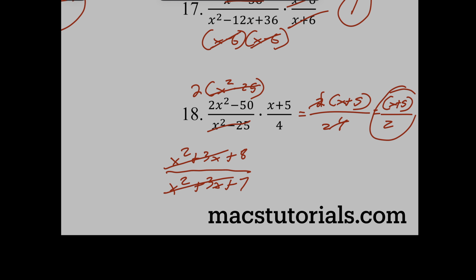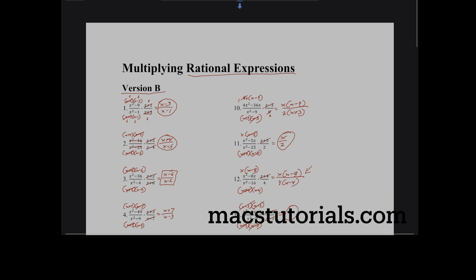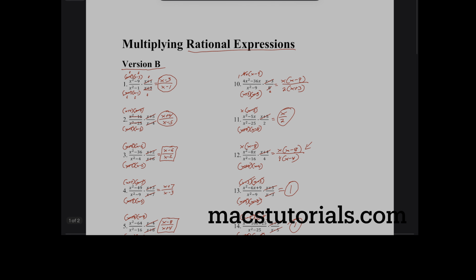The answer is no, I'm not allowed to do that. Okay, but let's pull this part out. The entire thing over the entire thing, am I allowed to now cancel that? The answer is yes, I can. Okay, as long as it's the entire thing. All right, guys, there's B. C's going to get a little bit tougher, but it's going to be a very similar process. Do C, and you guys are in really good shape.